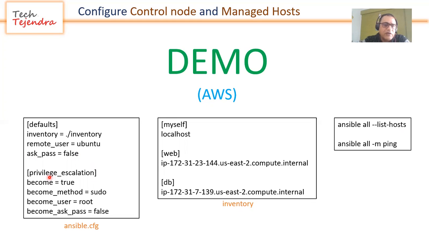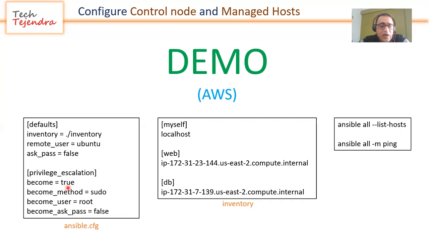And then it is the privilege escalation. Once we do automation on the managed host, the user who is connecting to this managed host must have the rights and permissions to do installations and many kinds of configuration work on the managed host. So that's why we need to give the privilege escalation.